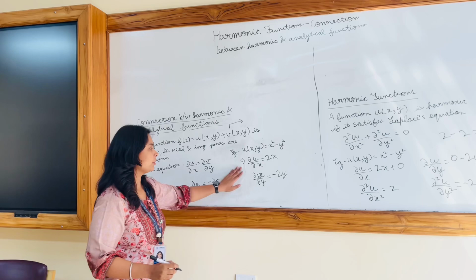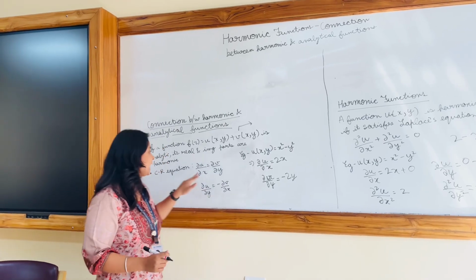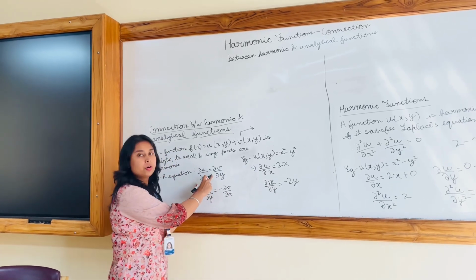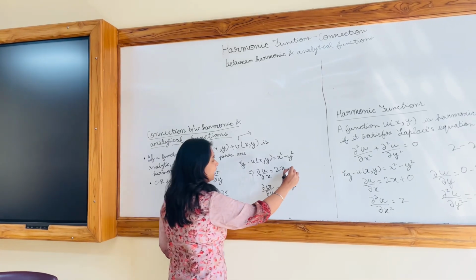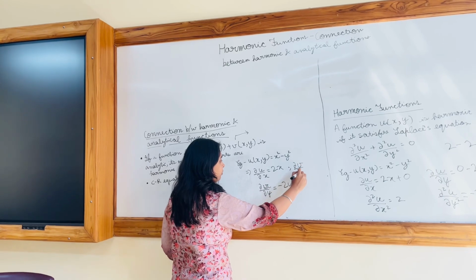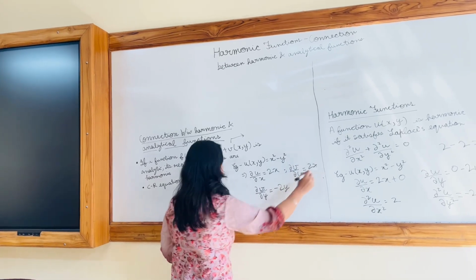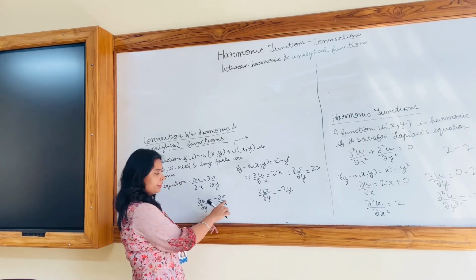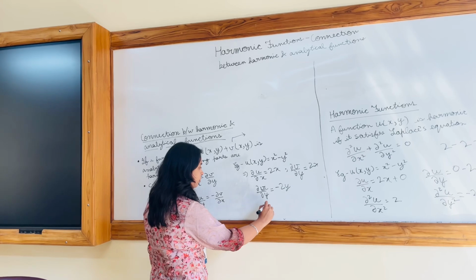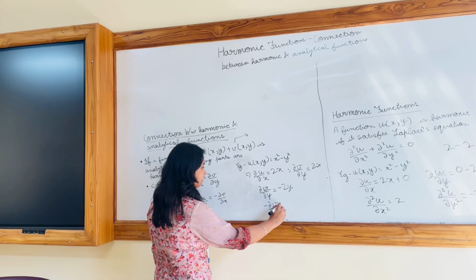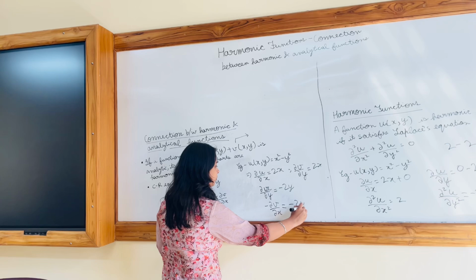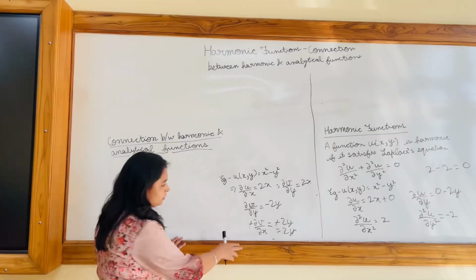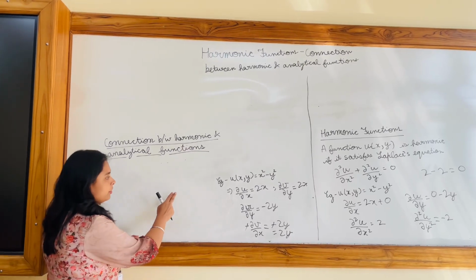If we equate this with the CR equations, dou u by dou x equals dou v by dou y, so dou v by dou y equals 2x, as they are equal. Similarly, minus dou v upon dou x will be minus 2y, so dou v upon dou x becomes 2y.